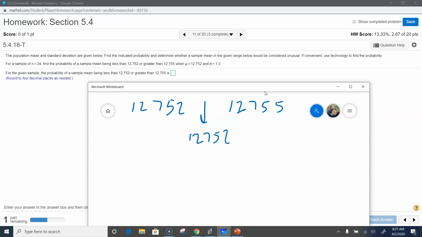So I can kind of tell already this is not going to be unusual. If the mean is 12,752, below 12,752 is not going to be unusual. That's going to be 50% of all observations. And then the standard deviation is going to be 1.3. But that's not the standard deviation we're going to use. We're taking samples of size 34. So we're going to have to use this standard deviation.